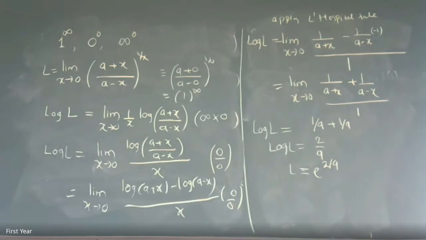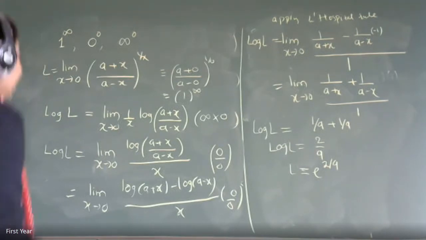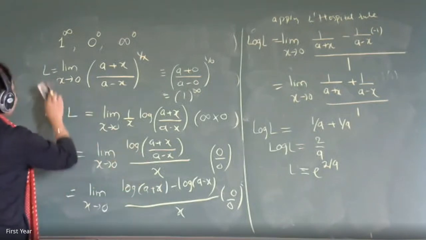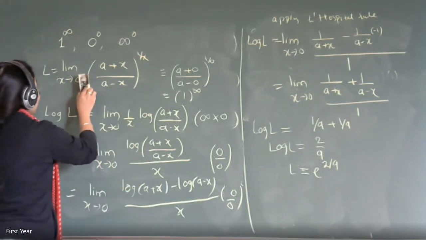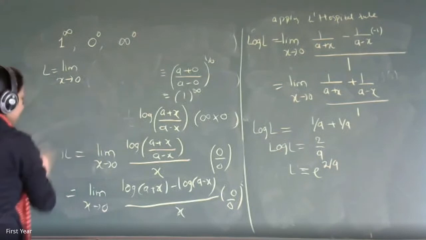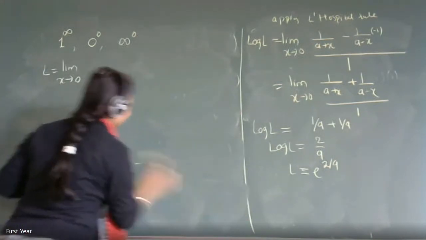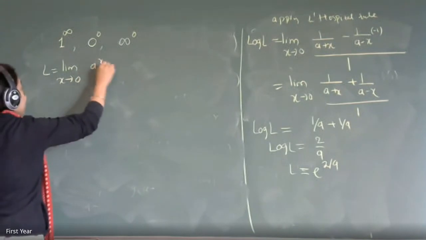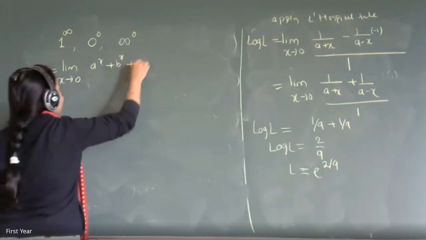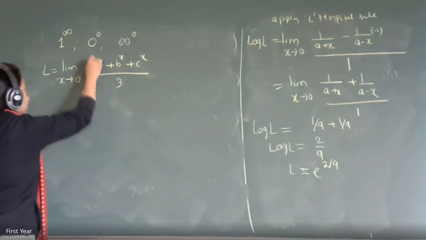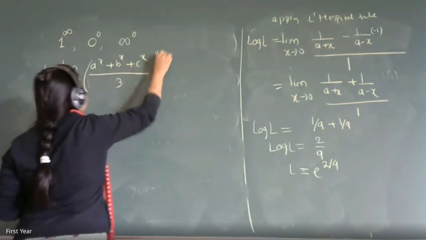Evaluate the limit as x tends to 0 of a raised to x plus b raised to x plus c raised to x, divided by 3, whole raised to 1 by x.